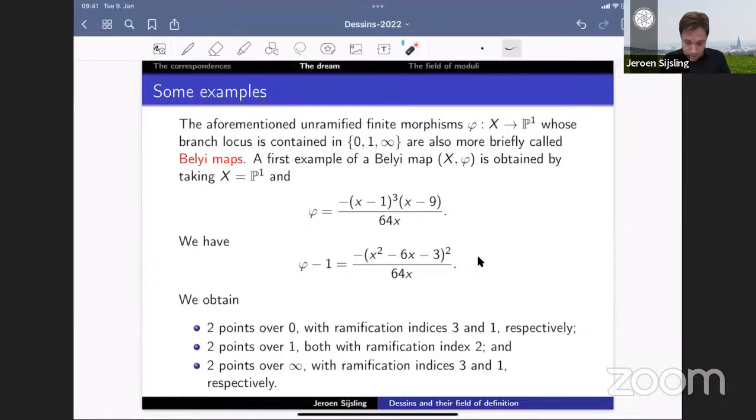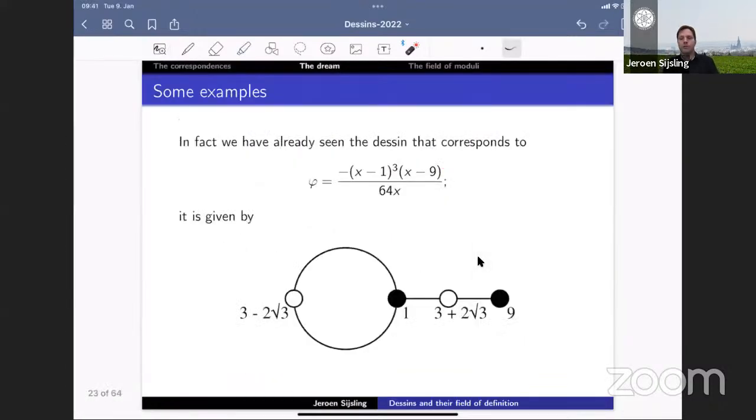Anyway, like I said, you have 2 points over 0, ramification index 3 and 1, because of the exponents. Well, you can write a 1 here if you like. Here you have 2 of index 2 because there are 2 points corresponding to this factor, and there are 2 points over infinity. Which ones, in fact? You see x is over infinity, that goes to there, but also infinity itself. Infinity itself is ramified of order three over infinity. And this is exactly the dessin that I showed you before.